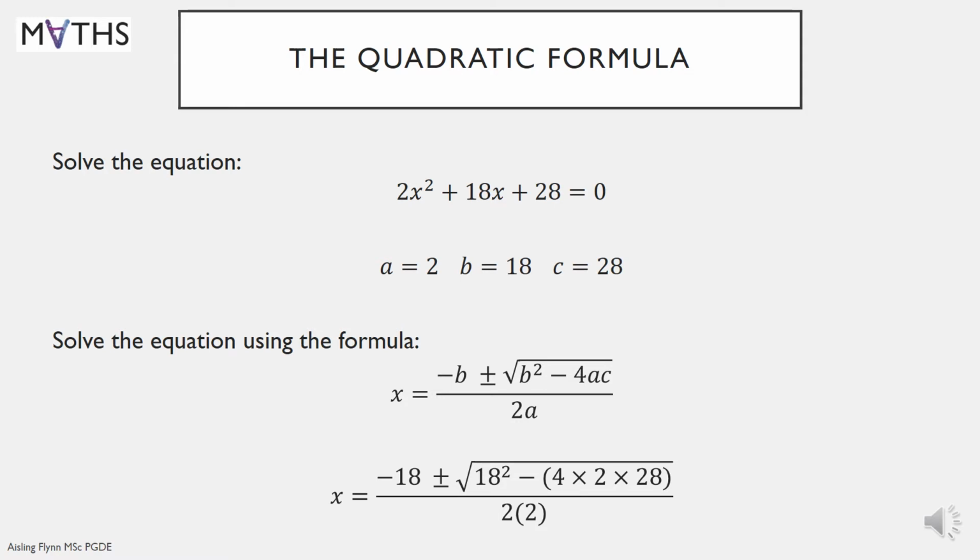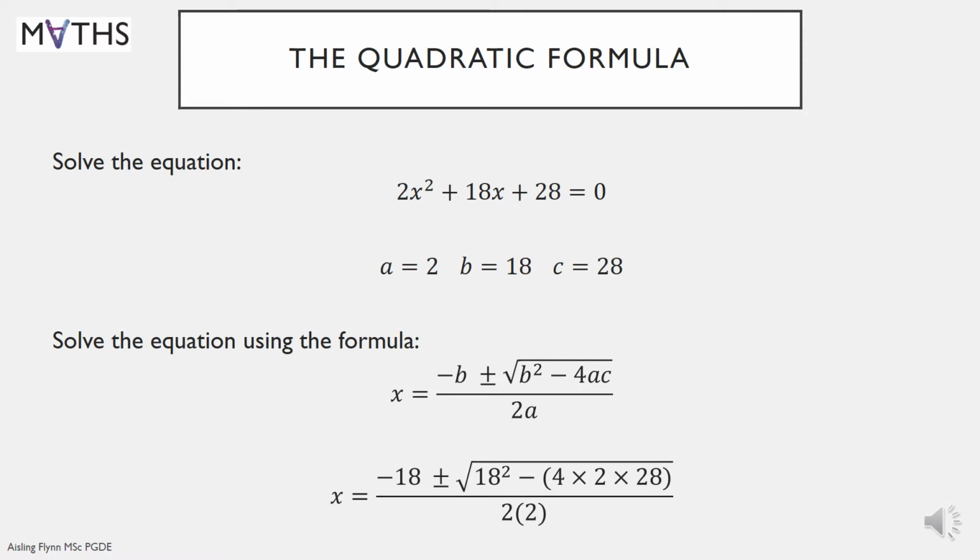So we have minus b, so minus 18, plus or minus. Now plus or minus, we'll deal with that in a moment. It will give us 2 values for x, and we expect to get 2 values for x from a quadratic formula. Equals, so under the square root sign, we have 18 squared, subtract 4 times 2 times 28.